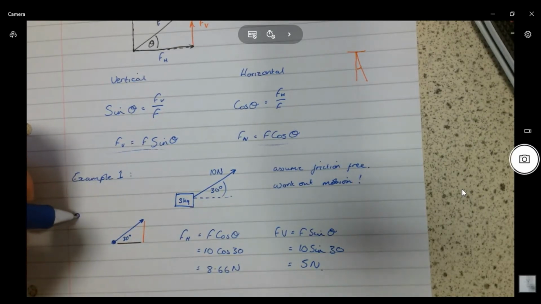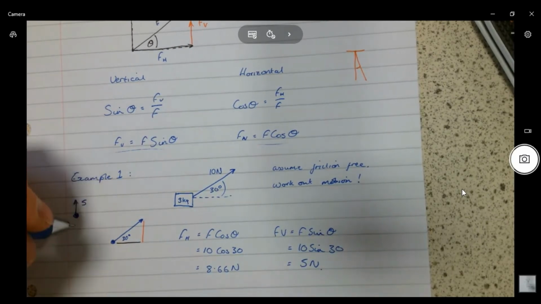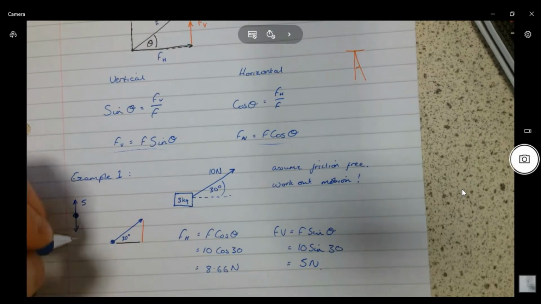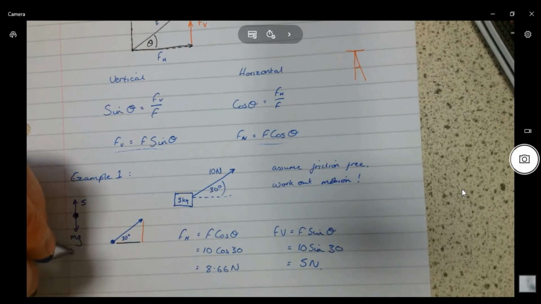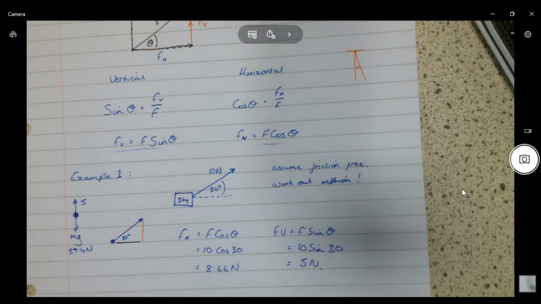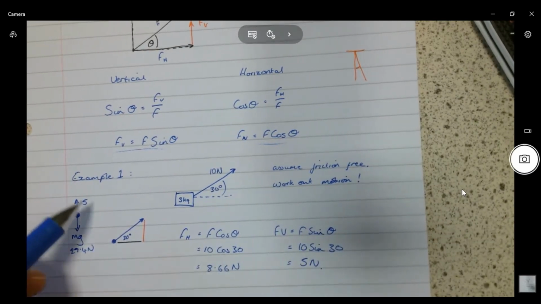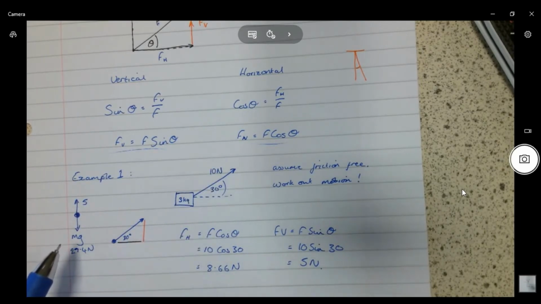Get a free body diagram just showing vertical forces. I've said that the vertical force acting on it is 5 newtons. What's the other vertical force acting on it? mg, which is going to be 29.4 newtons. The upwards force that we are applying to it is not going to overcome weight.